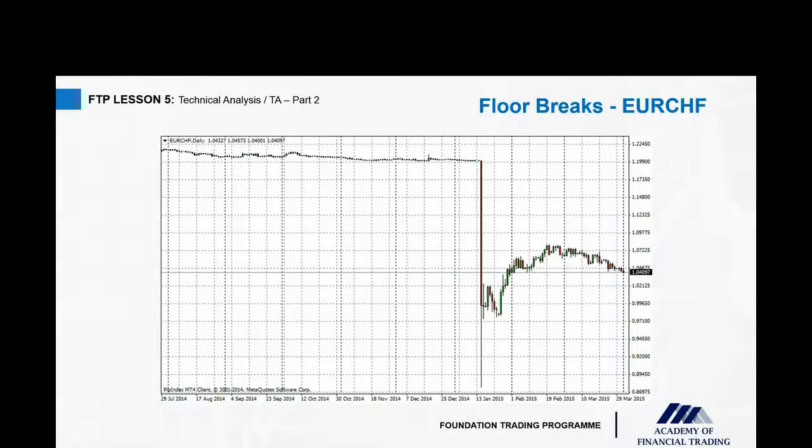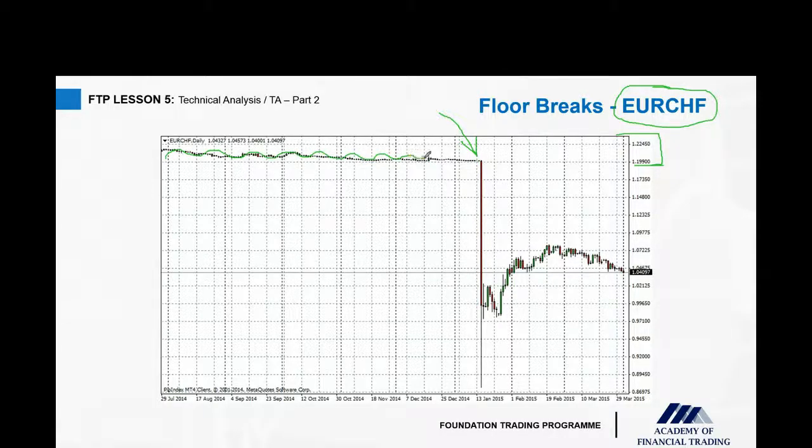So this now is a more recent Euro-Swiss franc chart. It's the exact same market. But in this instance, we're looking in particular at this long red candlestick. And we know that that was the 25th of January earlier on in this year, 2015. If we look at the price element of things, we can see that all the way up to that level, it was trading in and around that 120 area.